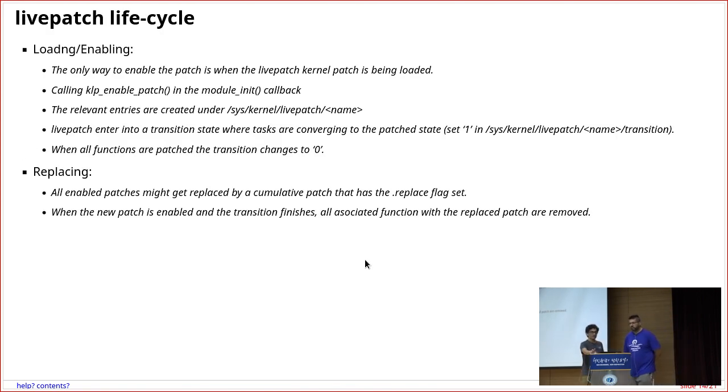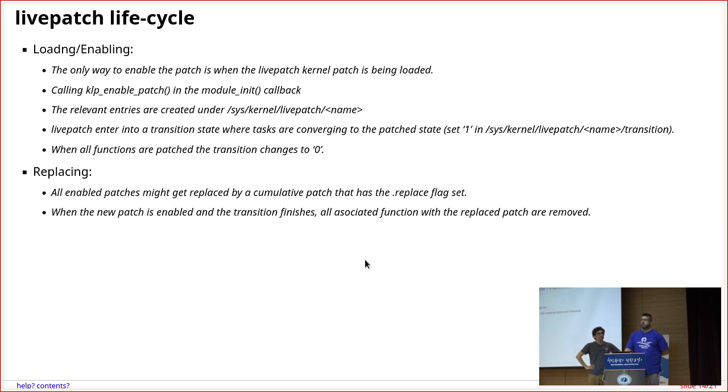Well, I will talk about the livepatch lifecycle. We can have four states, starting with loading and enabled. The only way to load or enable a patch is during the loading process, which happens when we call the klp_enable_patch function in the module init callback.